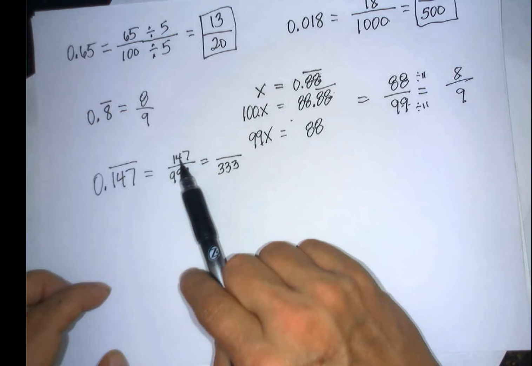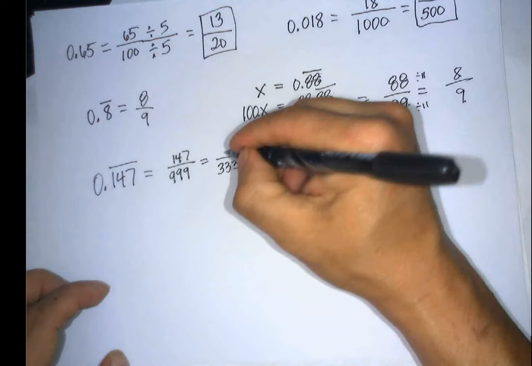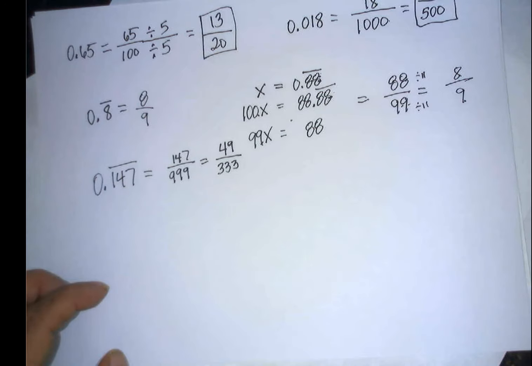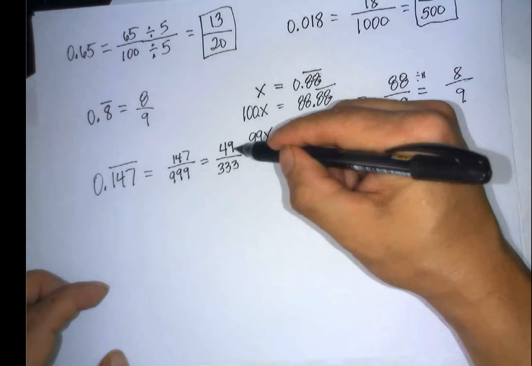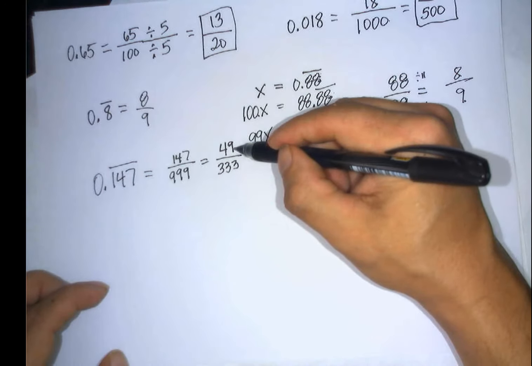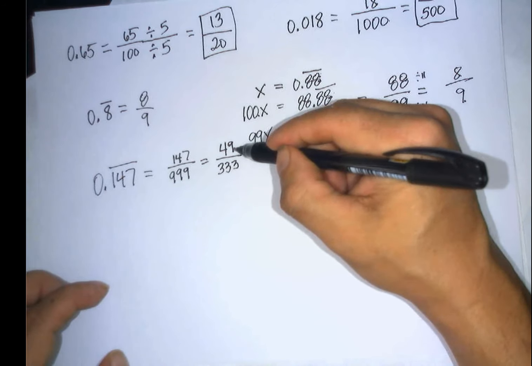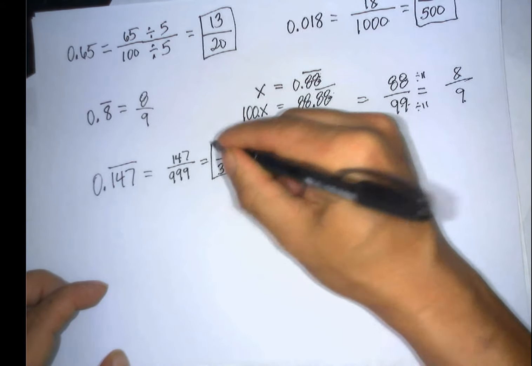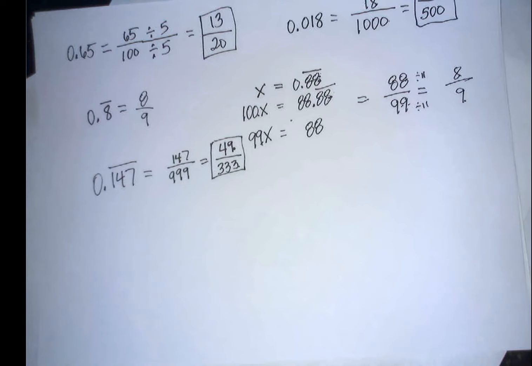If I divide 3 into 150, I have 50. So 49 times 3 is 1 less than 150. 1 three less than 150 would be 1 less than 50, which is 49. And 49 is 7 times 7. 333 is not divisible by 7. So that is how we reduce that.